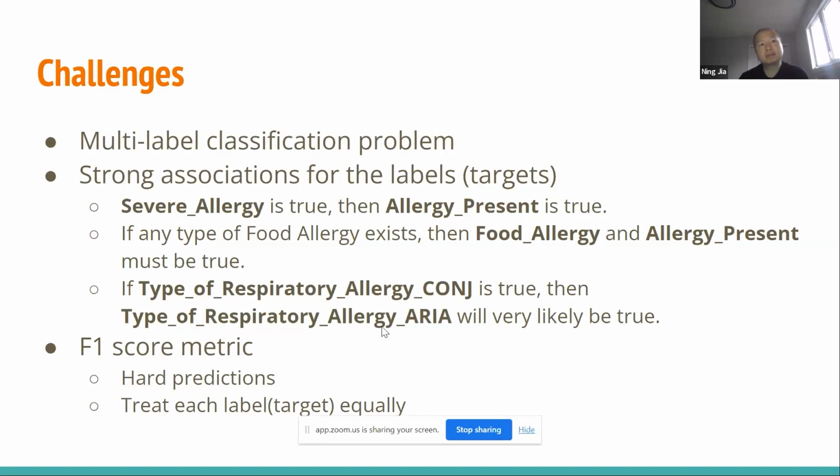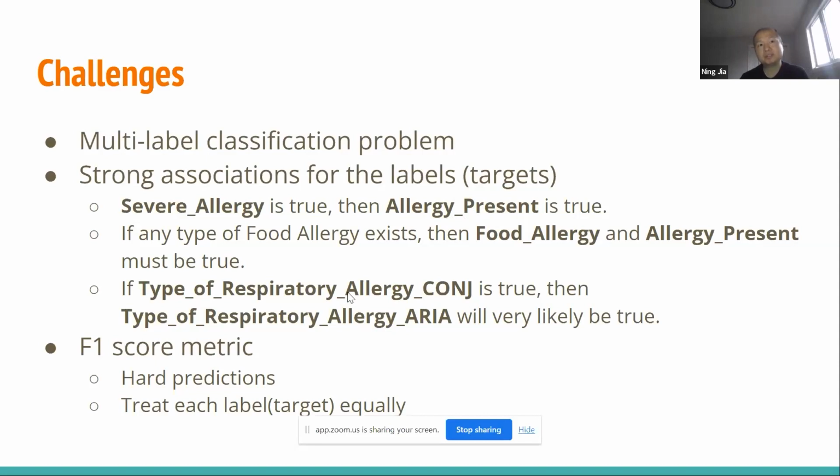The next one is that this metric treats all the targets equally. We take the mean over all 29 targets. This can also be improved, because some targets like general allergy are relatively easy, but other targets are very unbalanced and you rarely have those patients, so predicting them is very challenging.